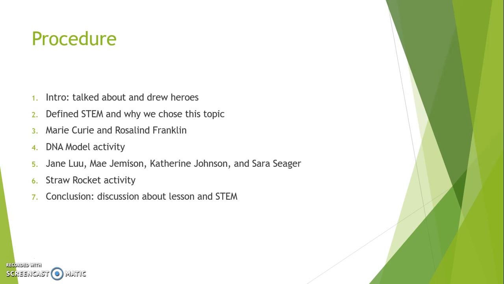From there, we went on to a DNA model activity where they used pipe cleaners to build their own DNA. Then we talked about Jane Liu, Mae Jemison, Katherine Johnson, and Sarah Seward, who all had something to do with astronomy or astrophysics. Some of them were astronauts as well.